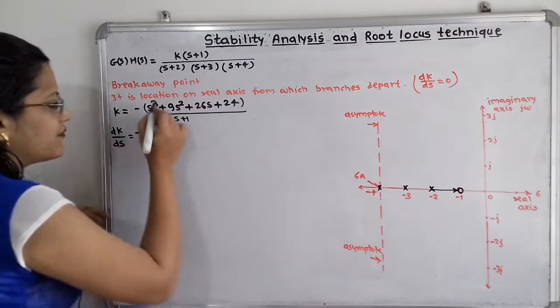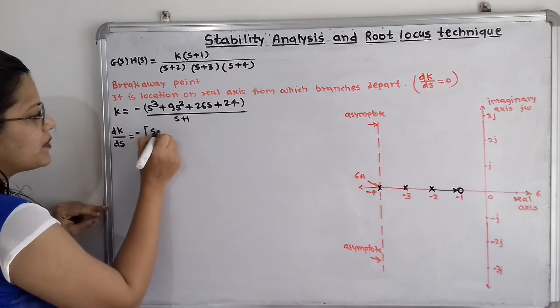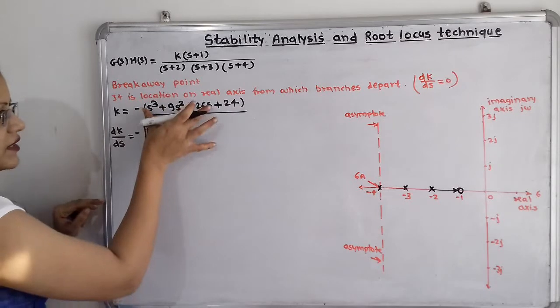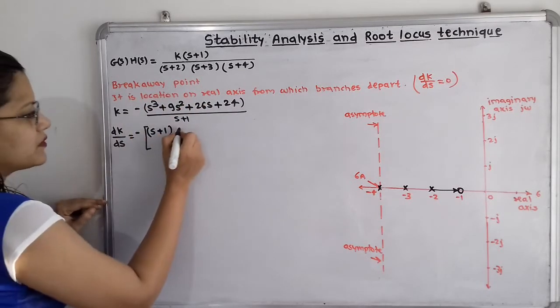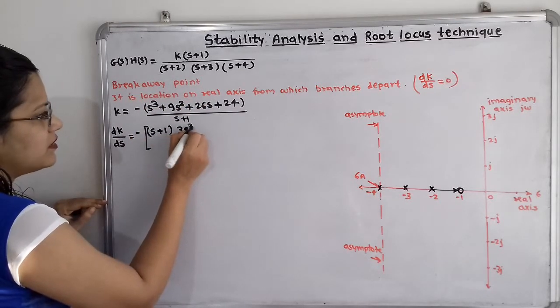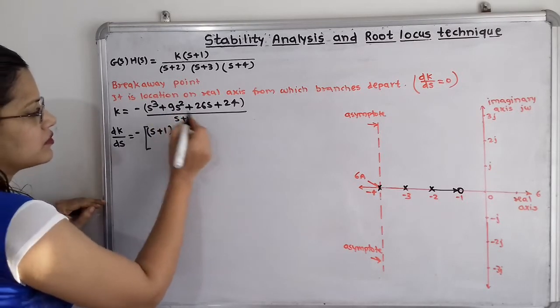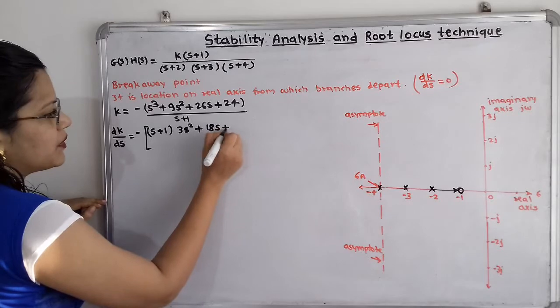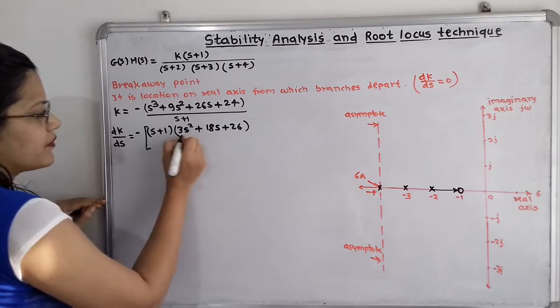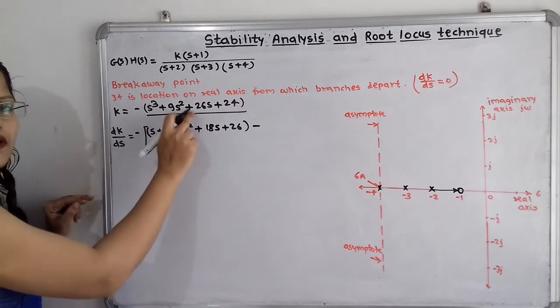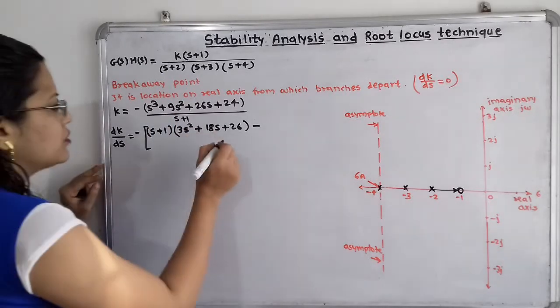So the first step is denominator constant into the derivative of the numerator, that is s cube, that is 3s square, plus 9 multiplied by 2, 18s, plus 26, minus numerator constant and we differentiate the denominator.